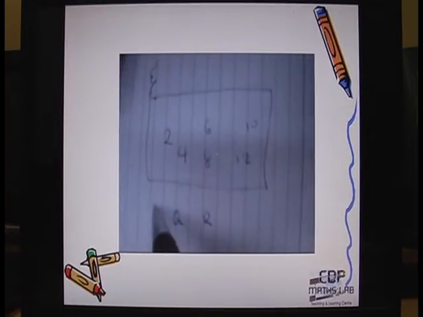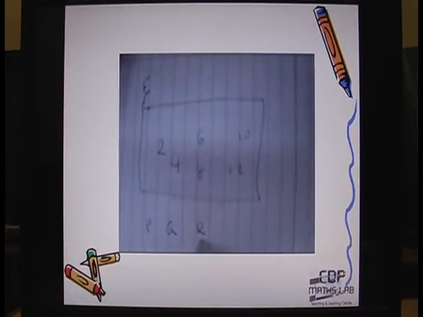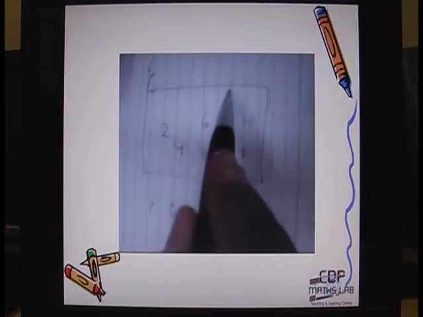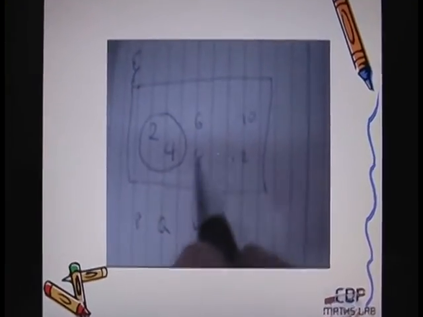Subset means every member of P belongs to the universal set. Every member of set Q belongs to the universal set. Every member of R belongs to the universal set. So let's draw a circle around it to represent the subset.